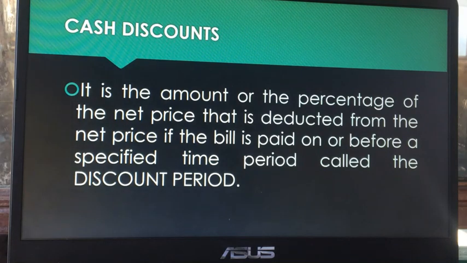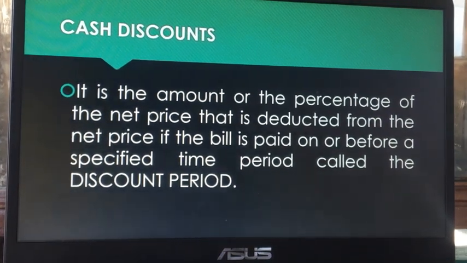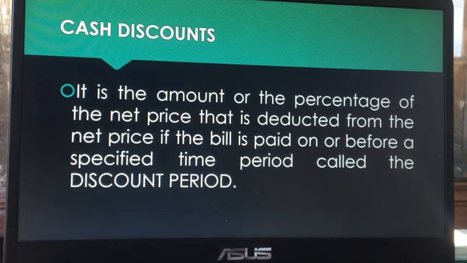The question is, why is there a cash discount offered by suppliers to all the buyers? The reason is, most suppliers offer buyers a cash discount to encourage payment of bills before they become overdue.